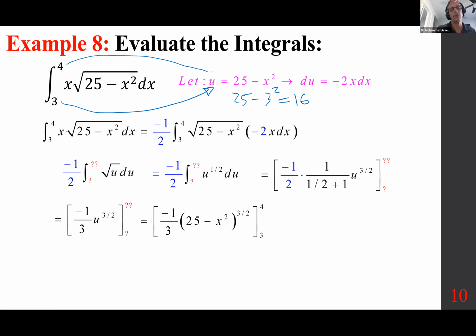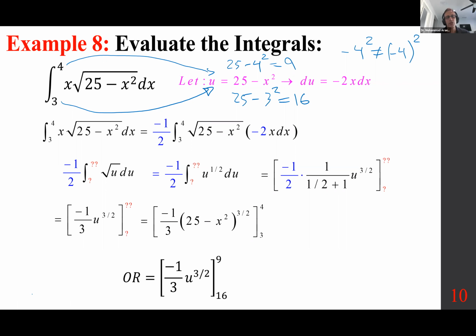If I put the 4, I get 25 minus 4 squared, which is 16. 25 minus 16 is 9. By the way, do not mix up these two. The left side is negative 16 and the right side is always positive 16. So the negative sign is outside for this case.